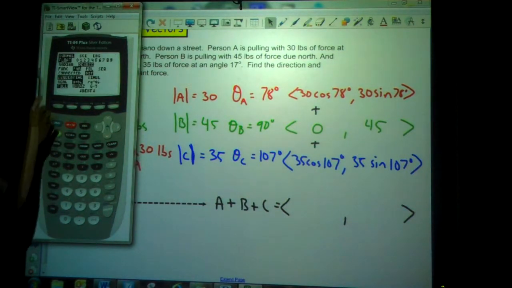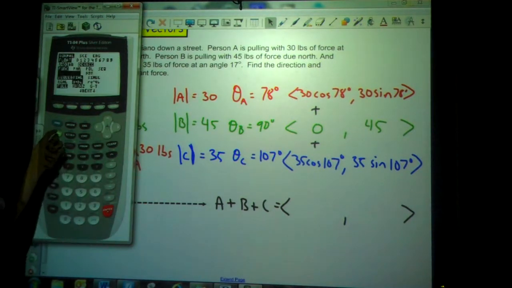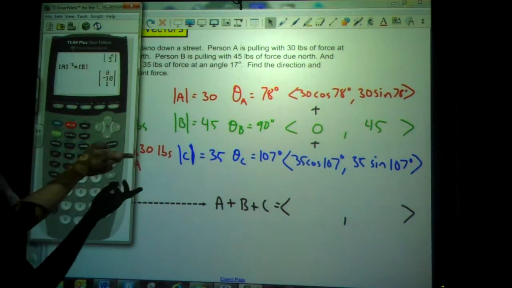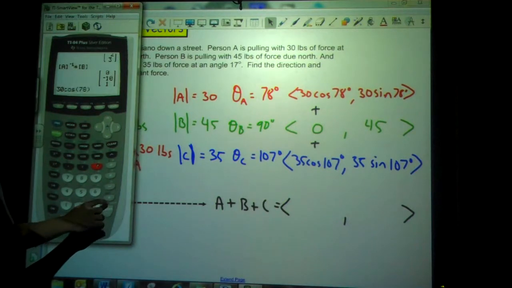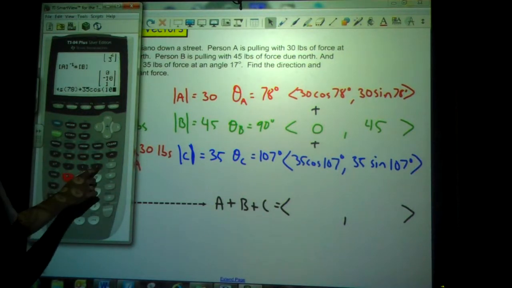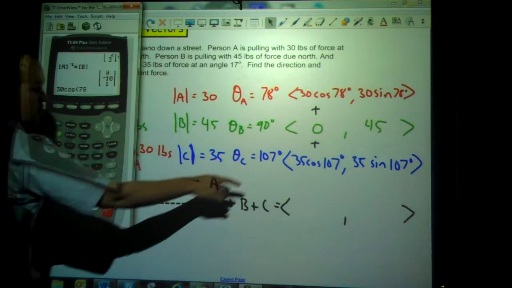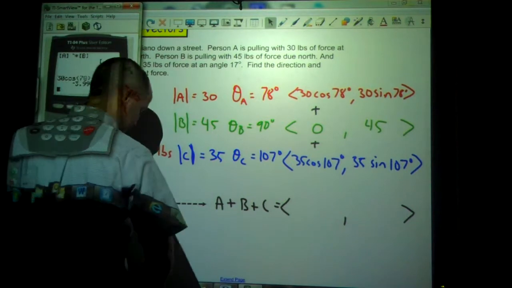Okay, so it's going to be 30 cosine of 78 plus 35 cosine of 107 and plus 0. Okay, so negative 3.40.